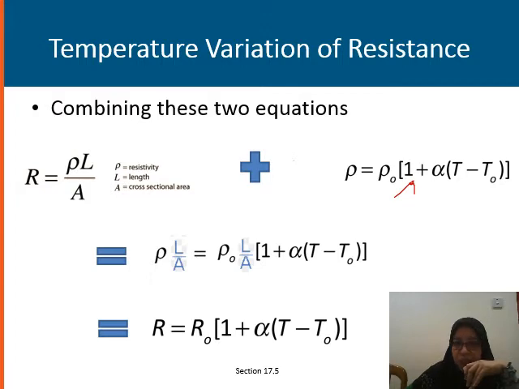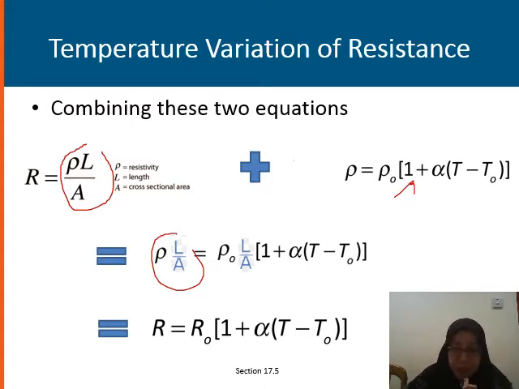This product is also equivalent to this product, and that's the reason why it's replaced with resistance, equivalent to initial resistance. This one is a coefficient called the temperature coefficient of resistivity actually. So this is the expression that you need to remember rather than the other expression.